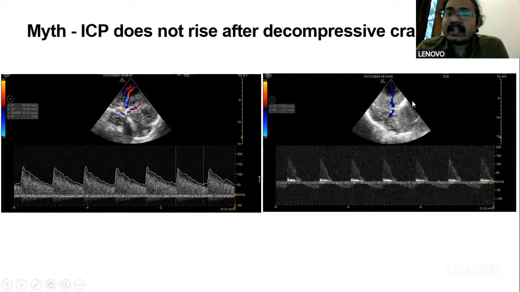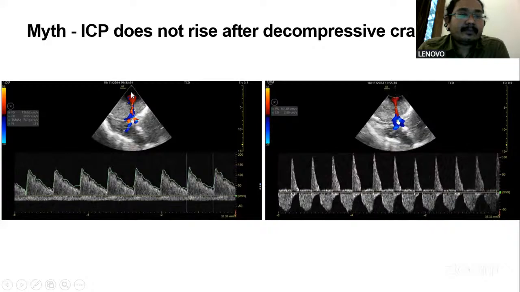Though, the same day post-decompressive craniectomy, on 17th of November 2024 in the night, we again did TCD and saw that there is diastolic reversal. So this is a raised ICP waveform. And we aggressively gave osmotherapy. The next assessment we did was on 18th of November, 9 o'clock in the morning.